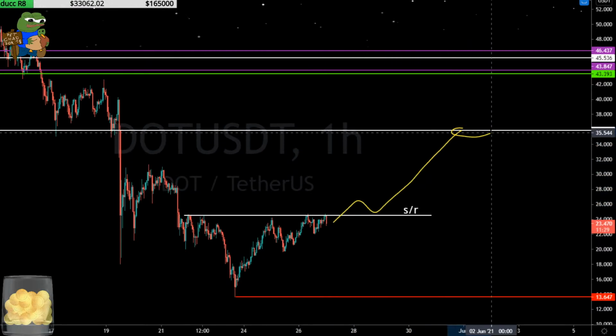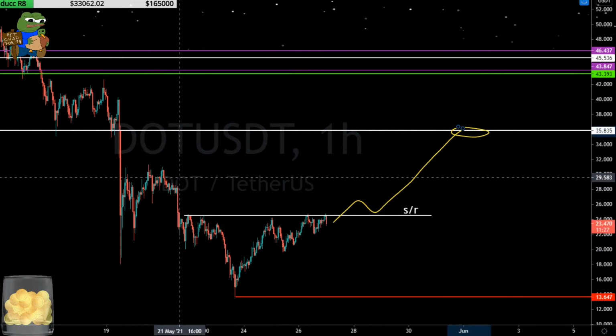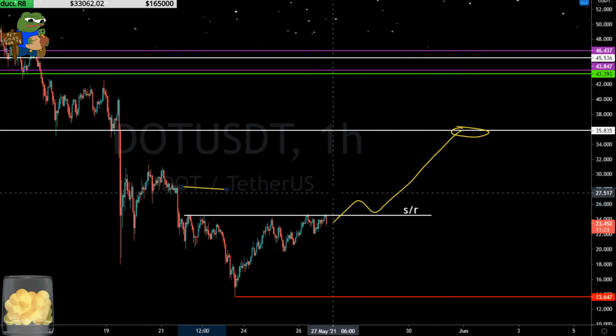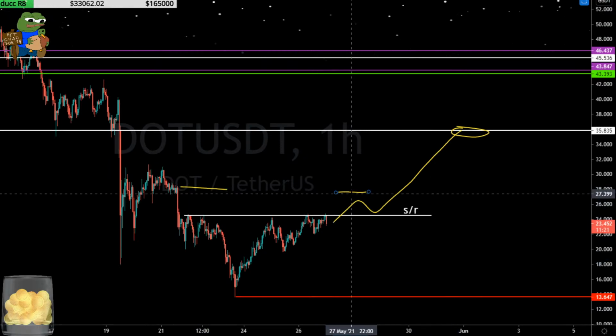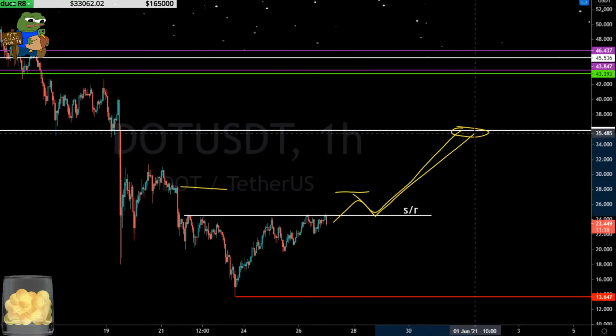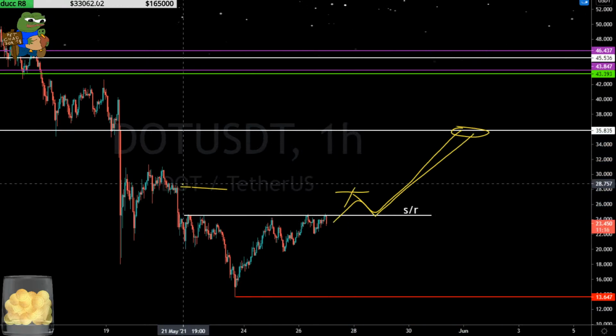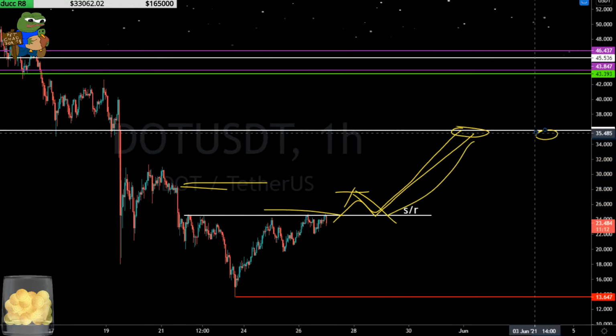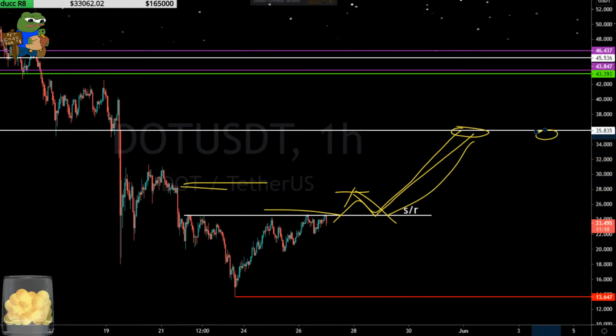You do have a square up right here at 28 first. That'll probably be this initial, right? Tag it, sell back off, and then go. Your break will be to the square up, your hook will be to the neckline, and your go will be to 35. Make sense?